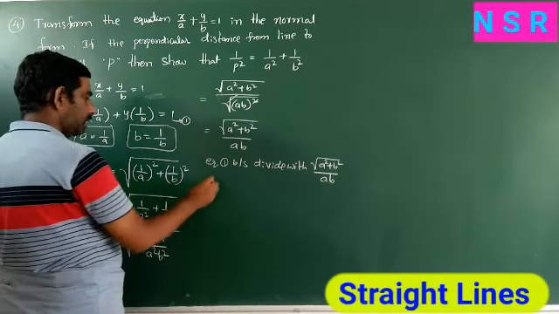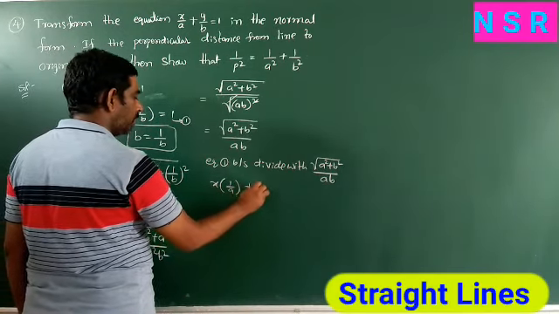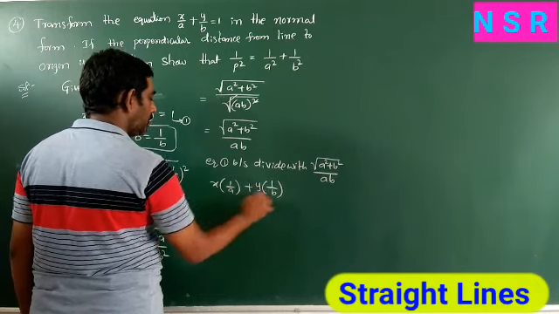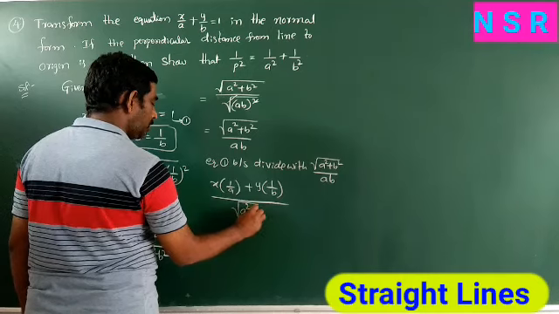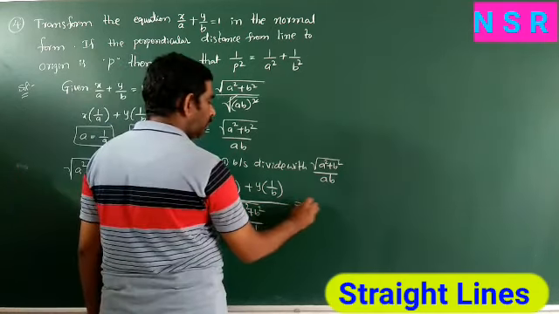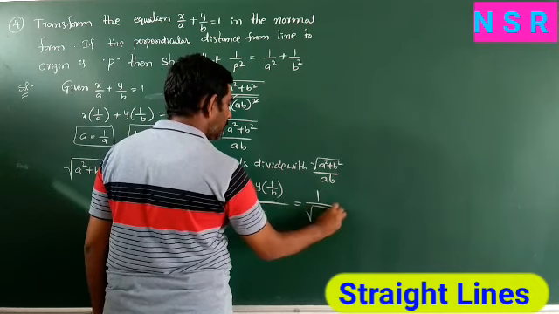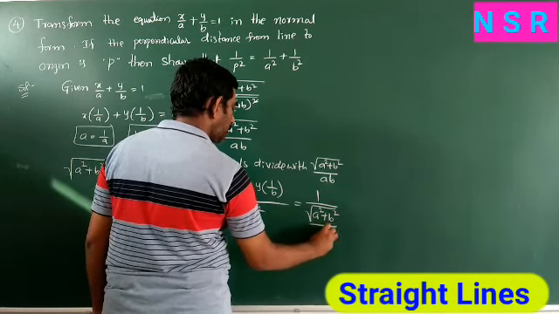So we get x into 1 by a plus y into 1 by b, by root a square plus b square by ab, equal to 1 by square root of a square plus b square by ab.